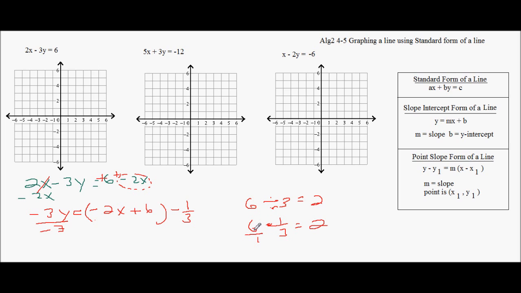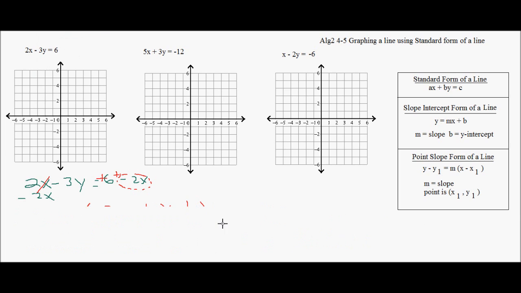If I multiply fractions, 6 times 1 is 6, and 1 times 3 is 3, and 6 divided by 3 is 2. Then I distribute it, which just puts the minus 3 underneath, because I'm multiplying by minus 1/3 here. So in essence, there's a shortcut I can use, which is nice.